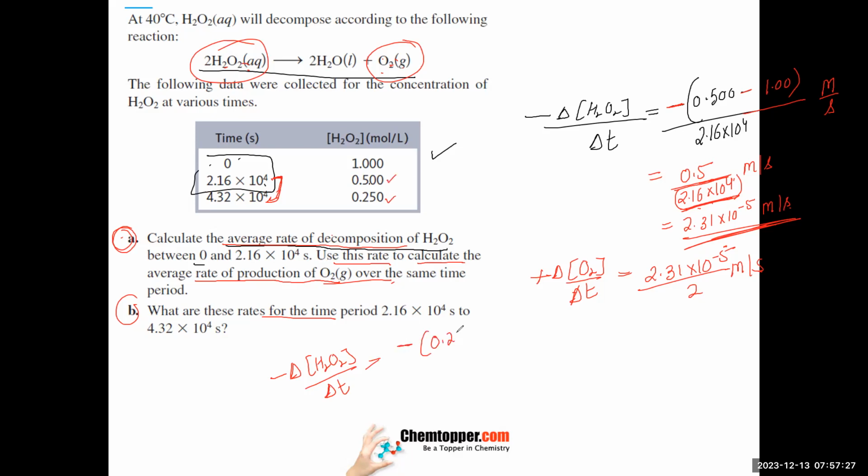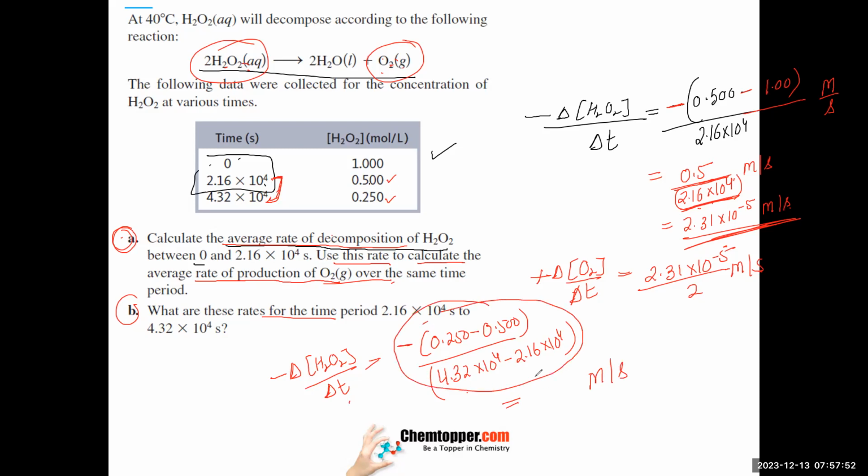So 0.250 minus 0.500 divided by delta T. How much is delta T? 4.32 times 10 raised to power 4 minus 2.16 times 10 raised to power 4. Solve it. Units will be molar per second. So how much are you getting for this one? The above number is 0.25.